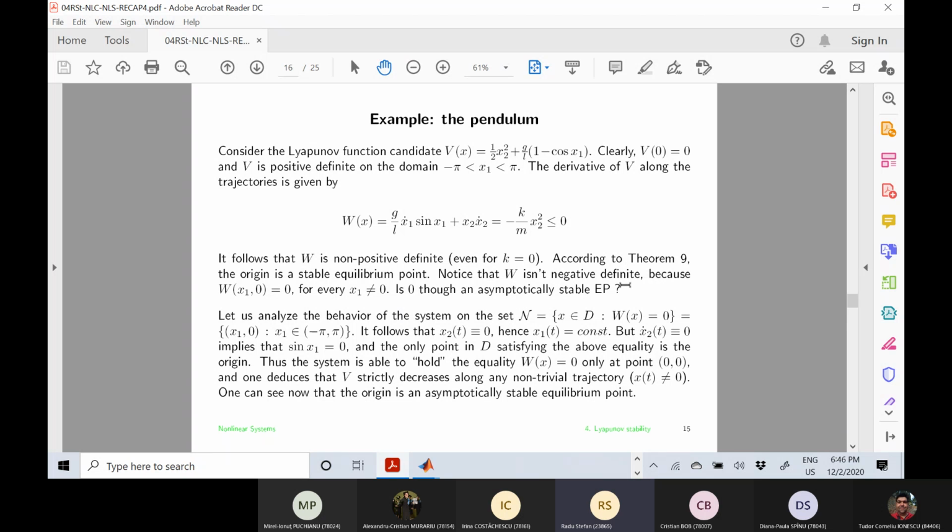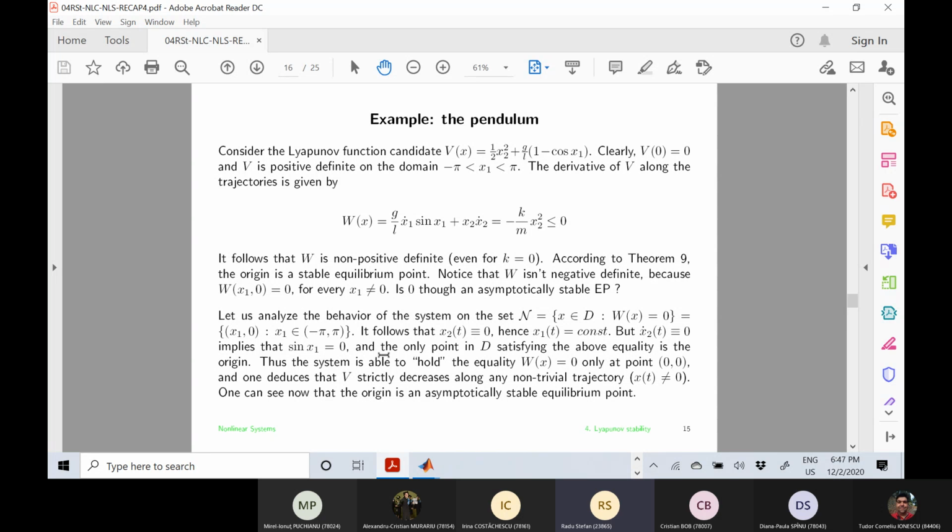W is only negative semidefinite because we can find points x1 for which the function is 0, so we cannot say it is strictly less than 0, right? I mean, if I take any point where x2 is 0, x1 can be arbitrary. We will always have here W equal to 0.